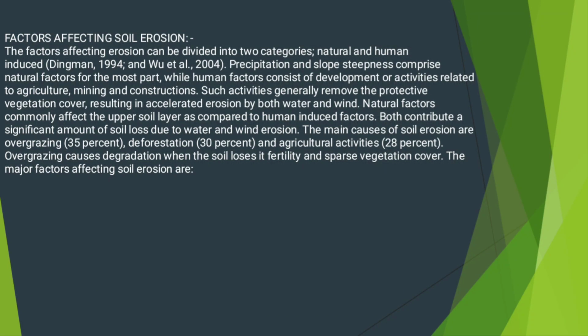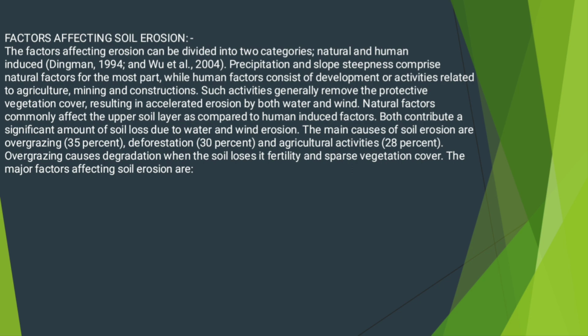So the main causes of soil erosion are overgrazing, deforestation, and agricultural activities. Overgrazing causes degradation when the soil loses its fertility and has sparse vegetation cover.